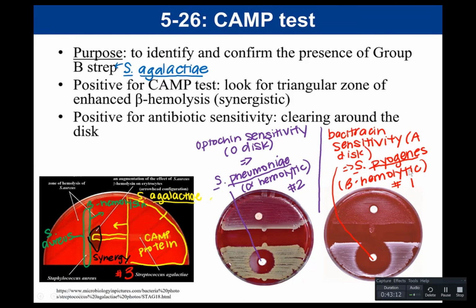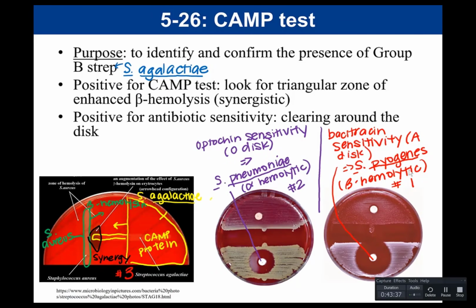So 1 was pyogenes, 2 was pneumoniae, 3 is agalactiae, which means we still need a way to differentiate between Strep mutans and our Enterococcus faecalis. And so we need one more test.